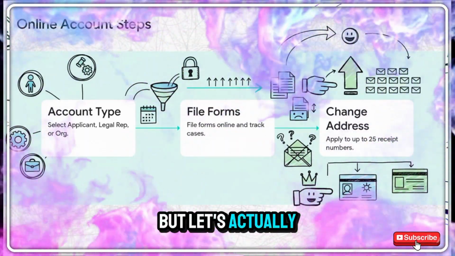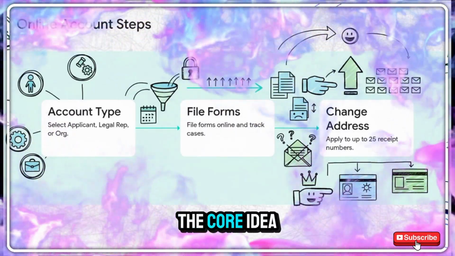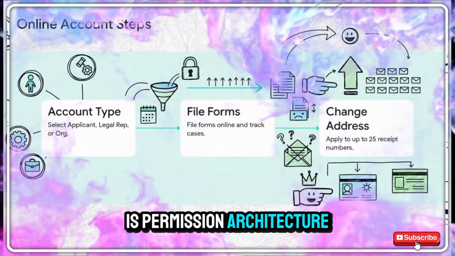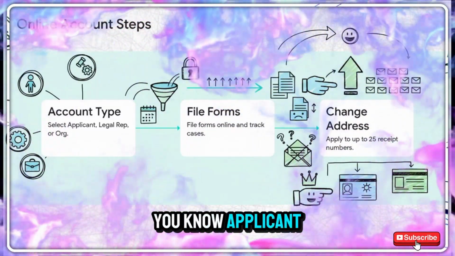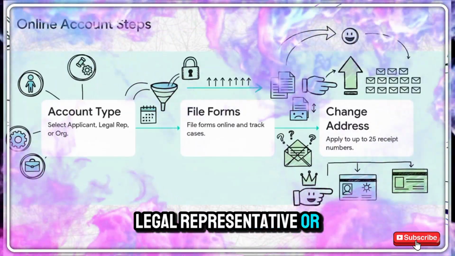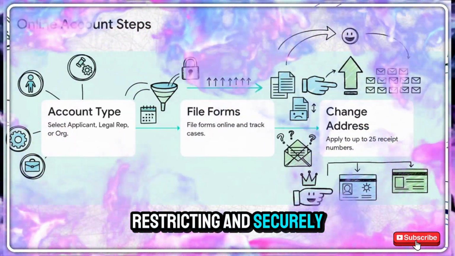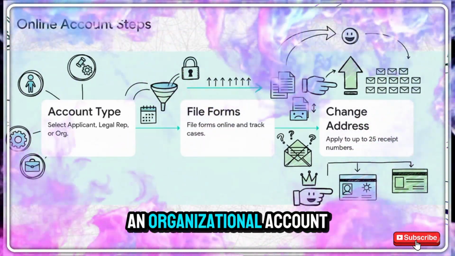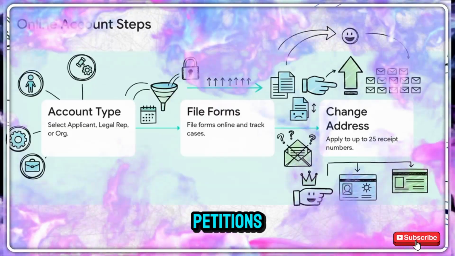But let's actually analyze the mechanism here. As the expert reports indicate, the core idea is permission architecture. By forcing users to select a specific account type, applicant, legal representative, or organizational, the system is implicitly restricting and securely funneling access. An organizational account, for example, is strictly isolated for specific corporate petitions.